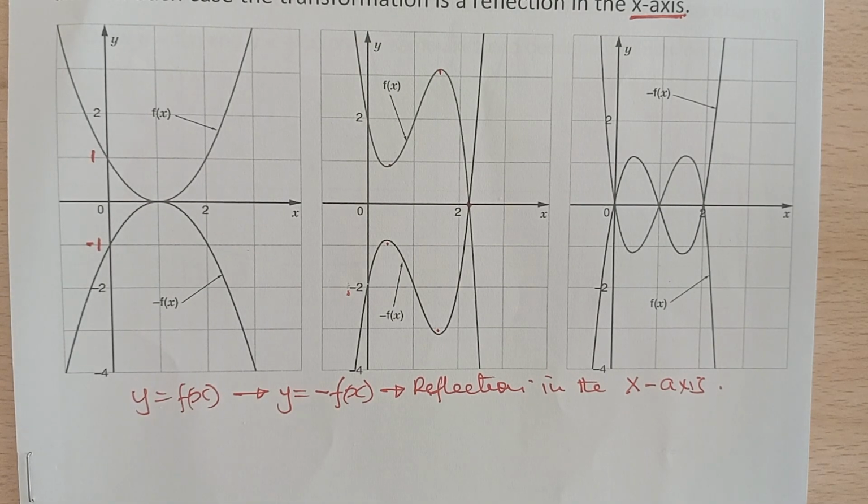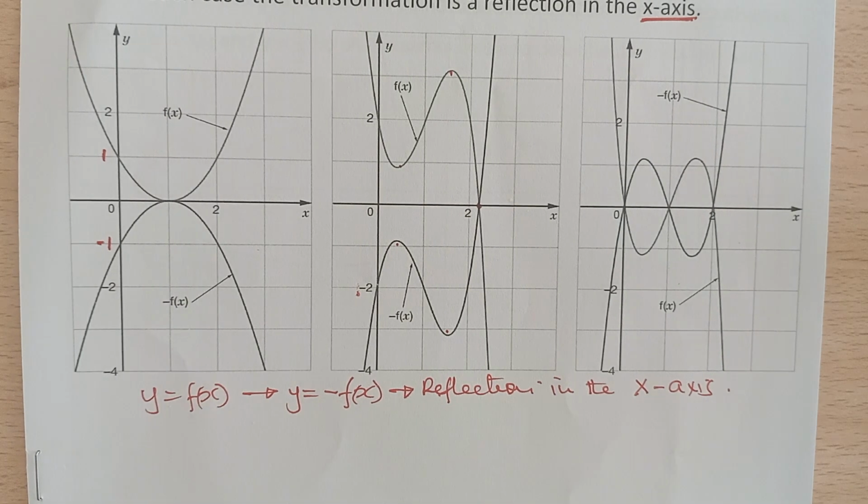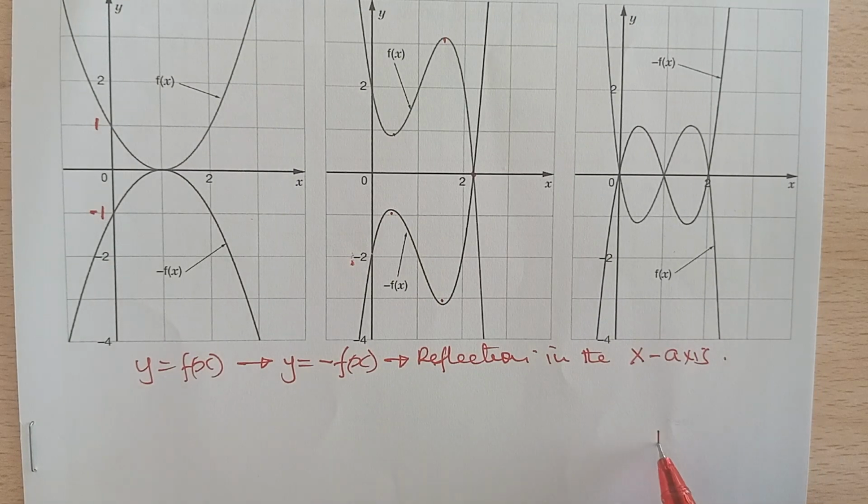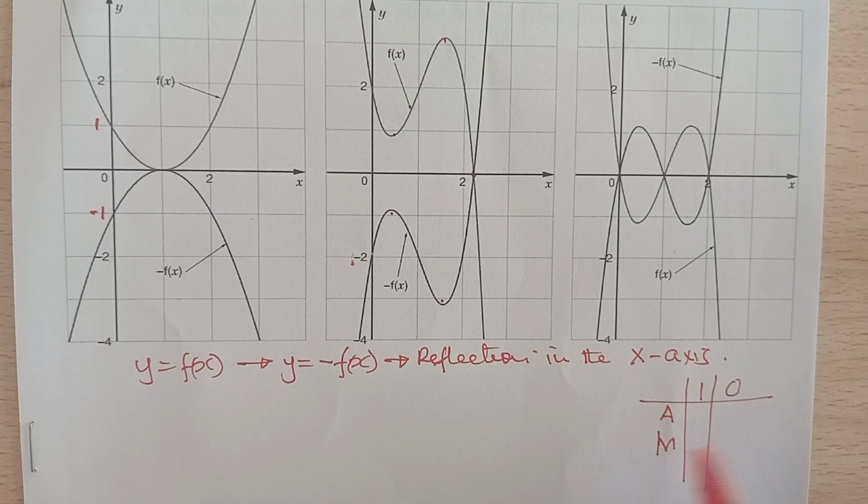But I want us to employ our MAIO so that we can see what we need to say as far as reflection along the x-axis. Let me introduce my MAIO here. This is M-A-I-O, the MAIO table, the magic table. I love this.